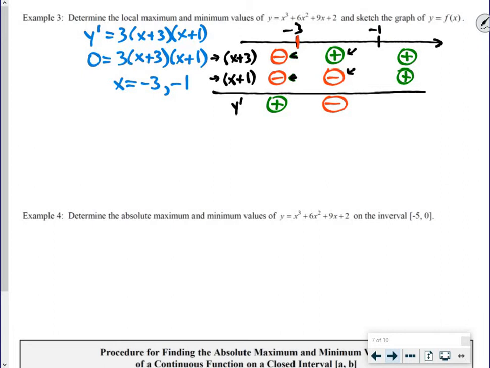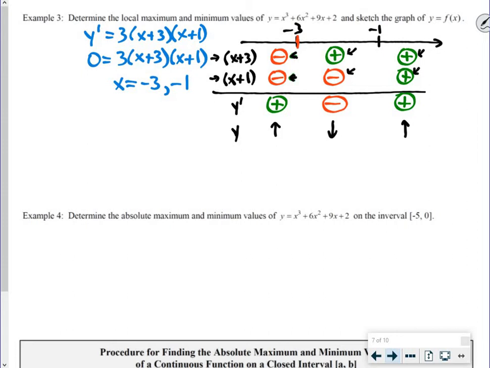And then doing positive times positive, that's going to give us a derivative on that interval that's positive. So ultimately, the function will be increasing as we go from -infinity to -3. It'll be decreasing from -3 to -1, and then it'll be increasing again from -1 and beyond.